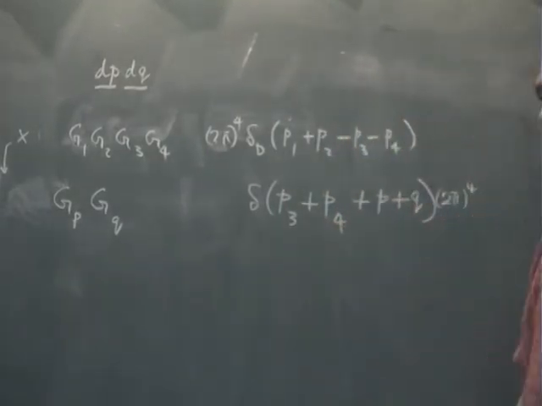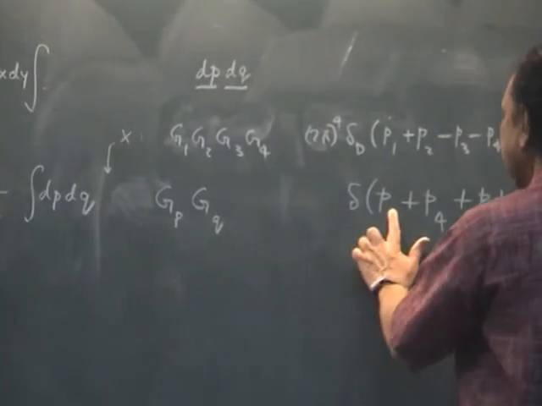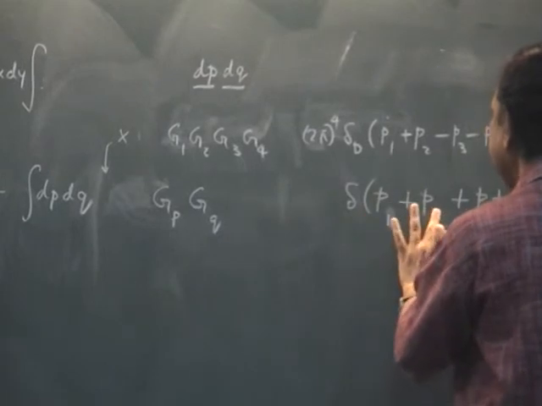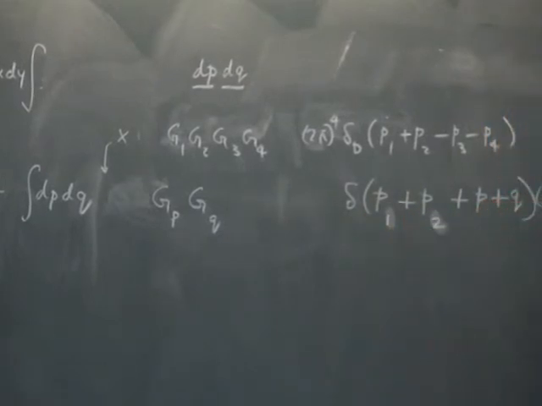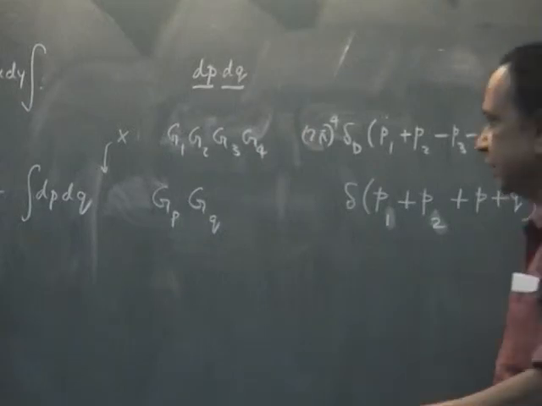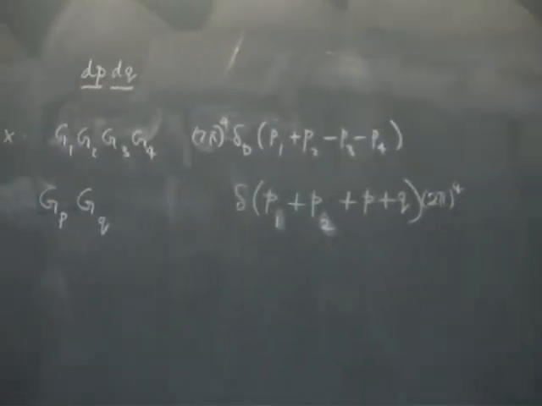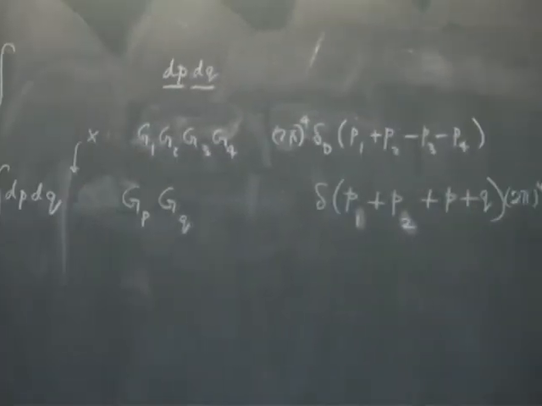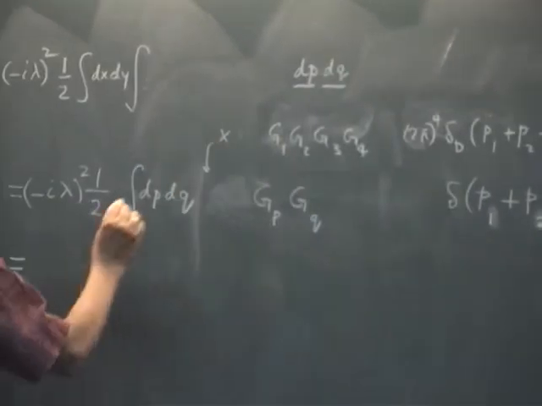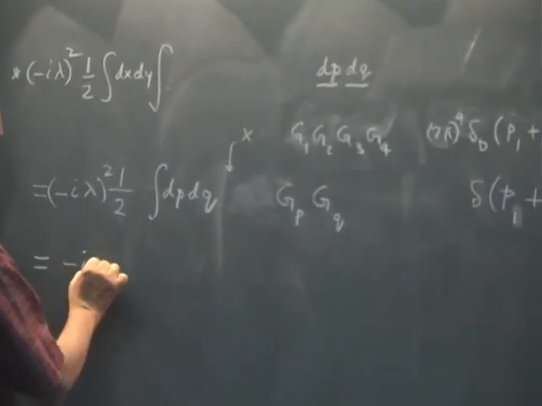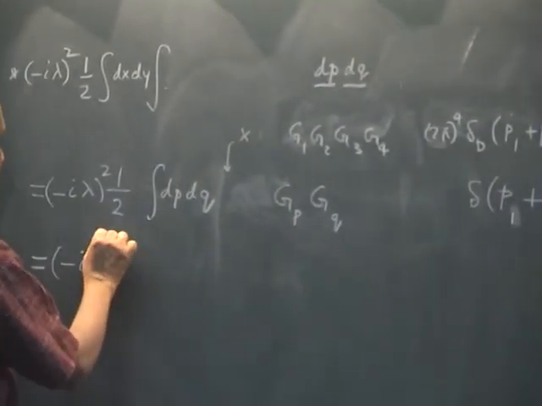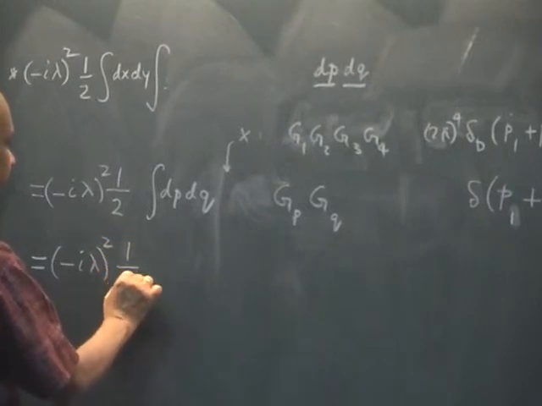Okay? Now since these are the same, it is nicer to write in terms of ingoing momenta, which is P1 and P2. Now what does this tell you? This is something absolutely trivial. What it tells you is that you can do one integral immediately. So you get all the things which is waiting outside, minus i lambda, the whole square, half.